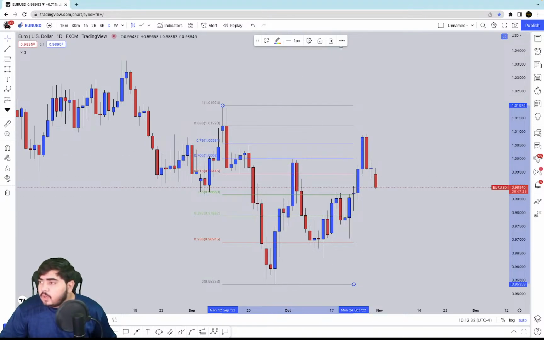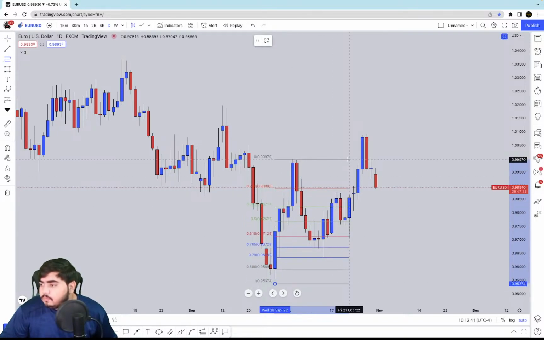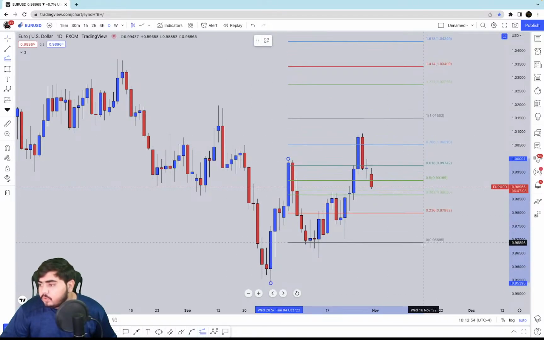After that, if we apply Fibonacci from this area to this area, we can see that it retraces towards the 79% and pushes higher. Now let's apply the Fibonacci expansion tool.